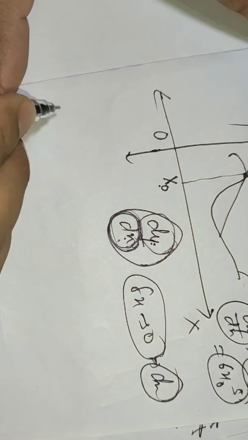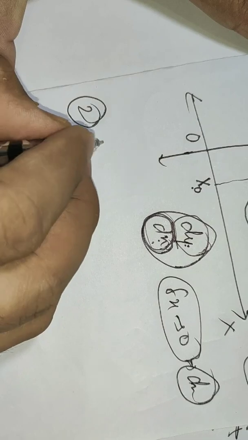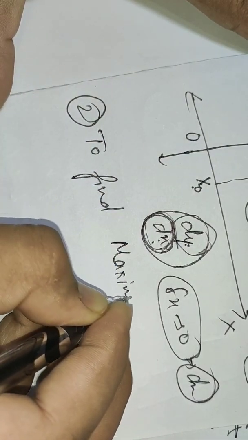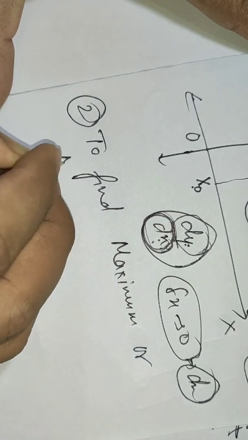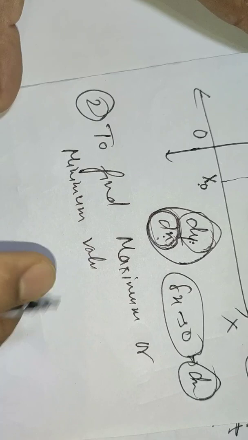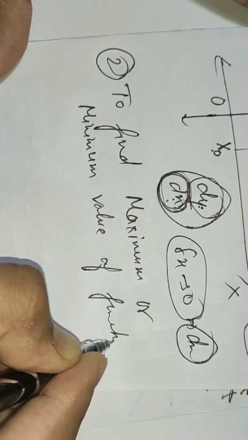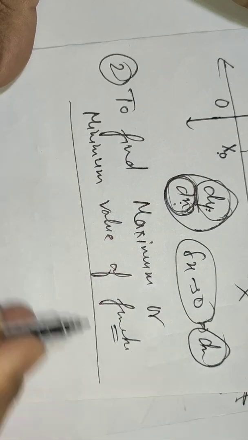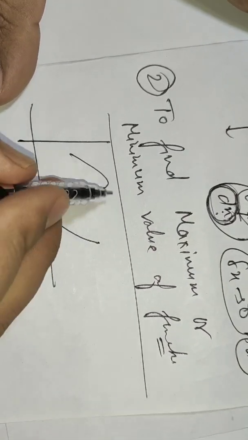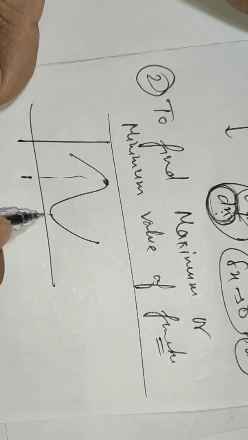Now the second very important thing is to find the maximum or minimum value of a function. Suppose this is a function, and at this value suppose this is 1, this is 2.